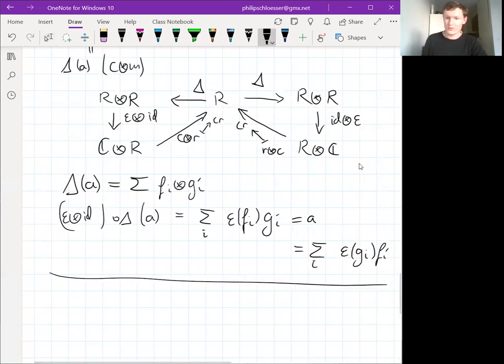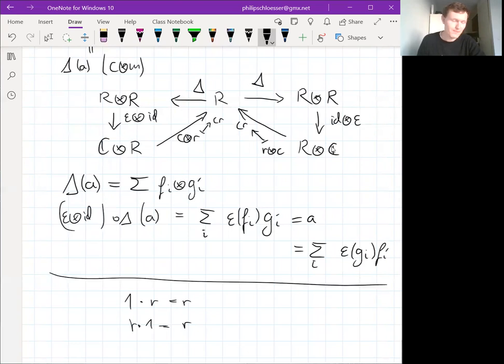The only thing I can do, again, is draw the comparison to the flipped case, where we flip all the arrows, because then this basically boils down to 1 times R is equal to R, and R times 1 is equal to R. So the unit rules for our algebra structure.